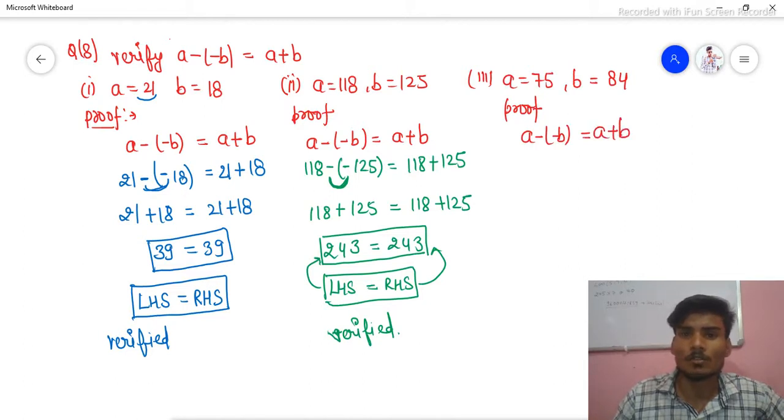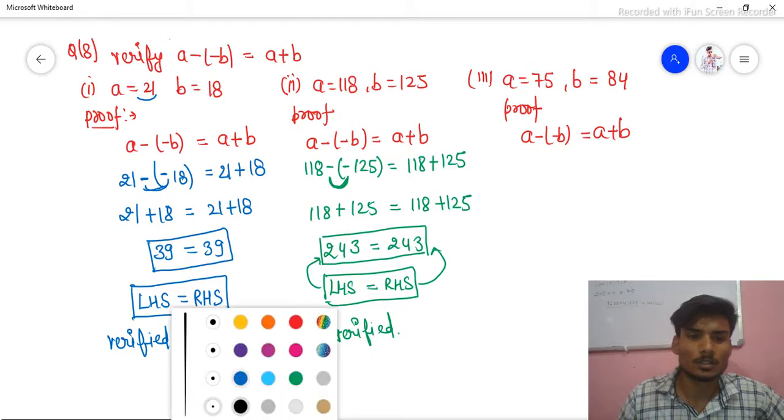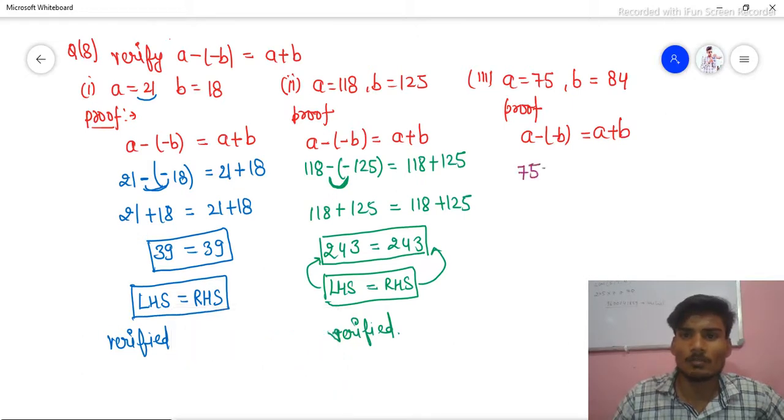So the value of a is 75 minus minus the value of b is 84, and 75 plus 84. 75 minus multiplied by minus is plus 84, equals 75 plus 84.